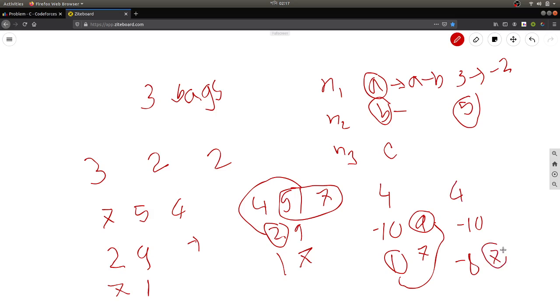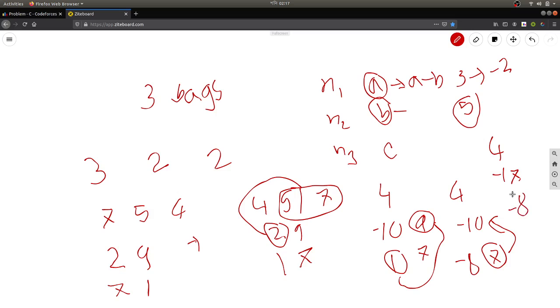Now I can choose this 7 and this -10 and it becomes 4, minus -17, minus 8.